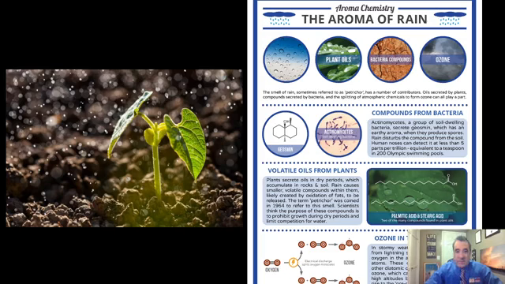They actually start to give off an aroma. There's actually little tiny bacteria, and there's these plant oils, and when there's just a little bit of moisture that starts to fall on top of the dry ground, you're going to get basically this smell that starts to come up. It basically just comes right from the ground, from the dirt, from all of that, and you can smell it. Gives off this interesting smell.